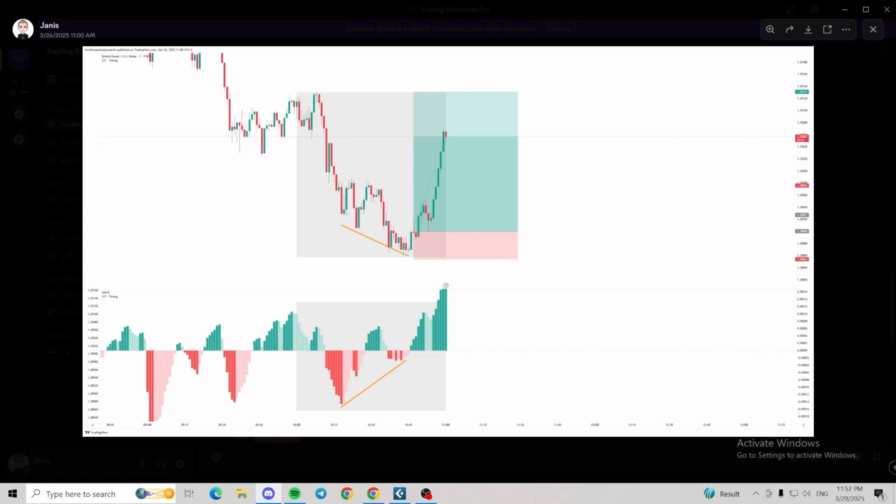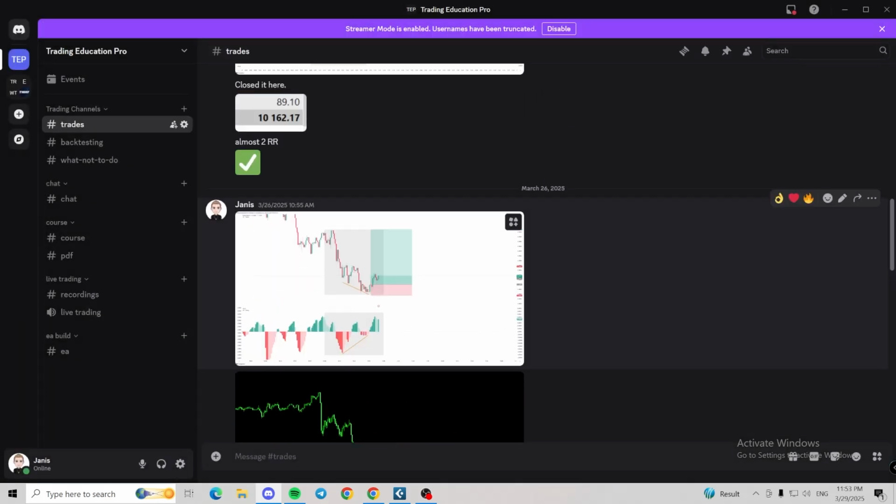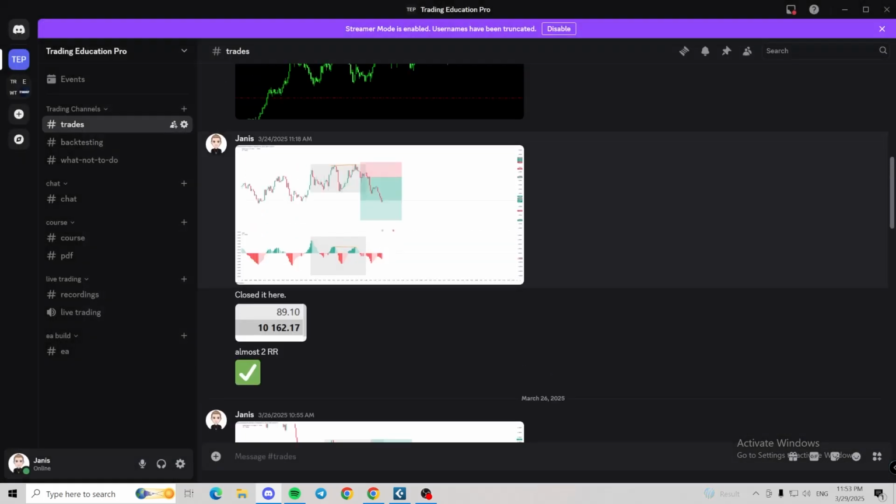So only clean divergence like this, and we enter on the next bar close. When the divergence ends and the green bar appears, we wait for it to end and then we enter, with stop loss below the low. Yeah, so enter here, target 2R, 3R, something like that.